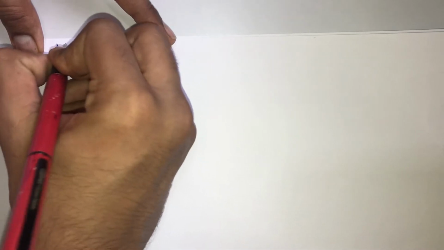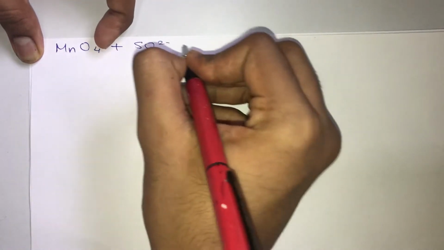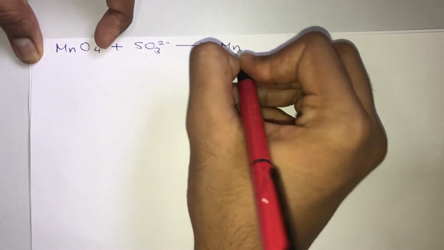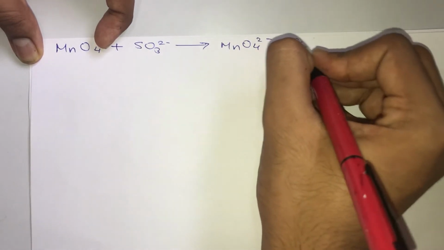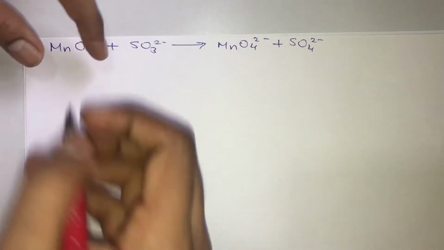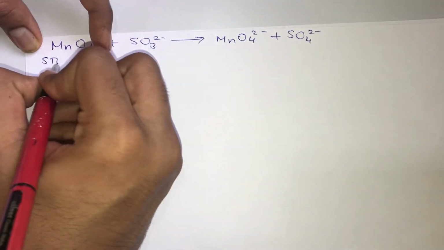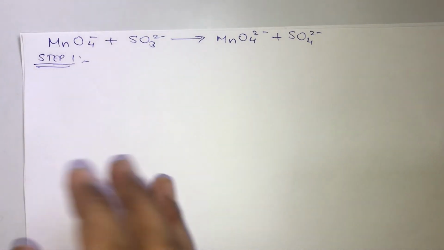So let us consider an equation that we need to balance. Suppose guys, this is the equation that is given to you in the exam. Now let us write our step 1. So what does our step 1 say?